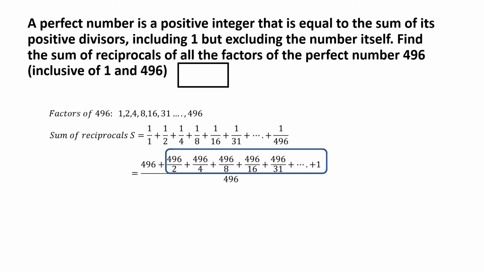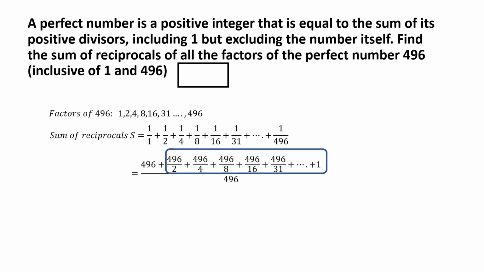So, for example, when you divide 496 by 2, you are getting another factor of 496. So basically, when you divide 496 by any one of its factors, you end up with another factor of 496. So the terms within the box are essentially the sum of the different factors of 496, and that includes 1, but excludes the number 496 itself.